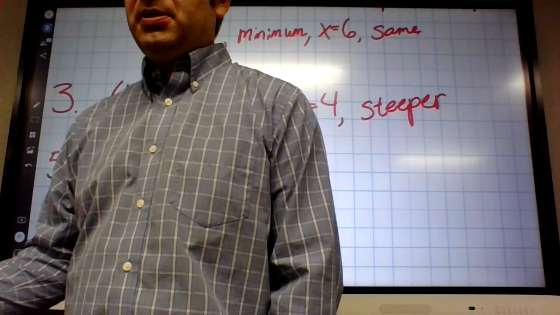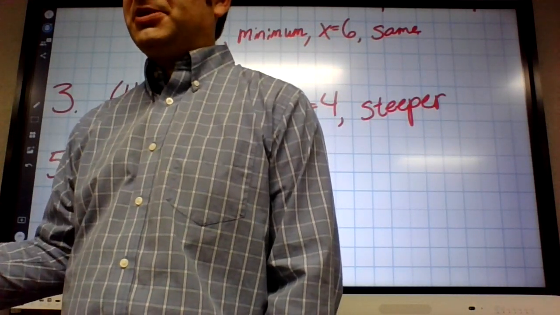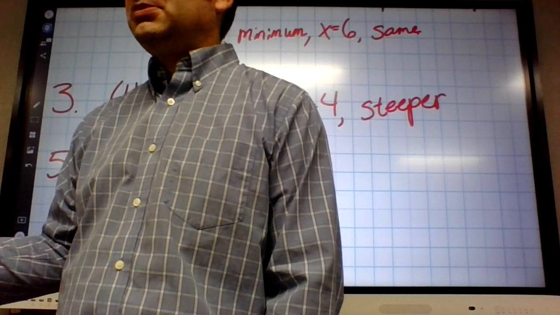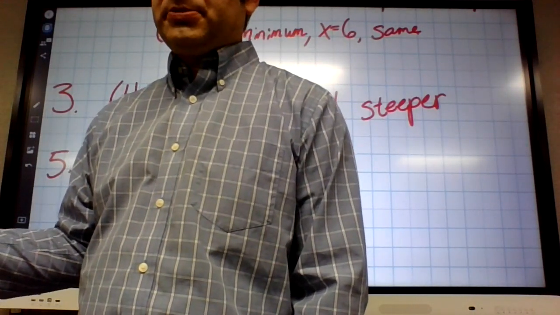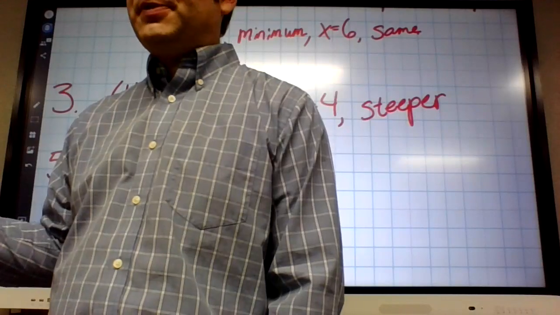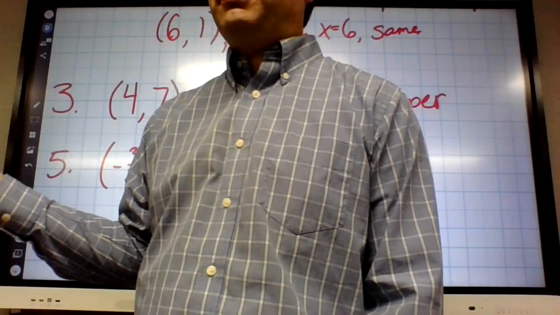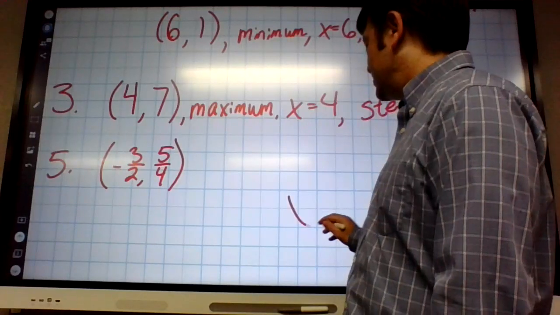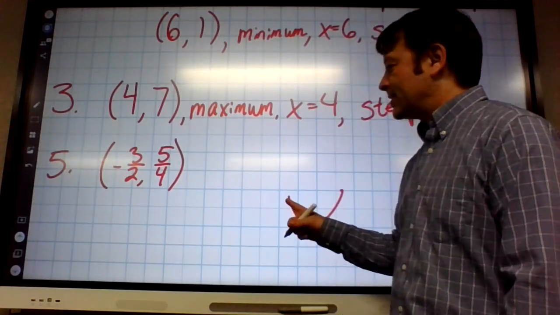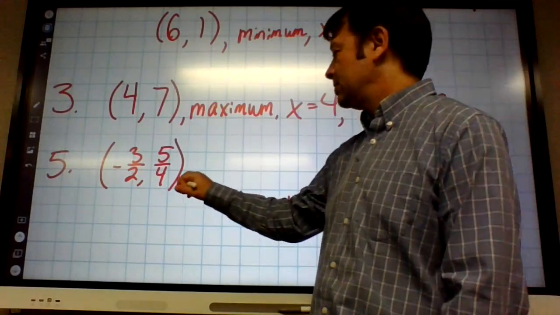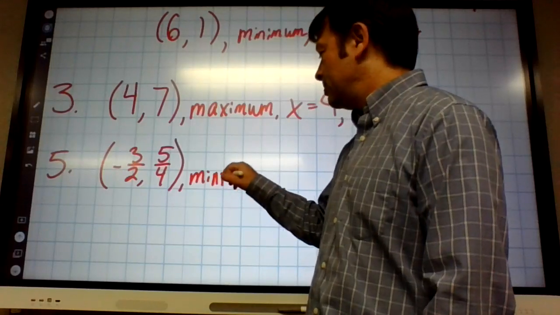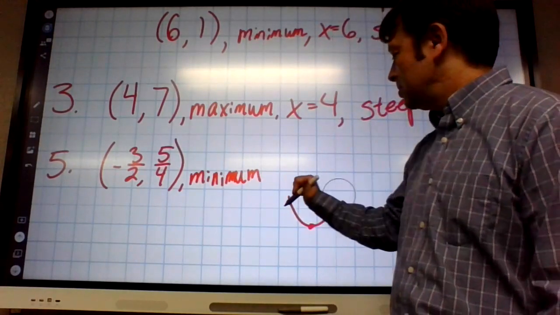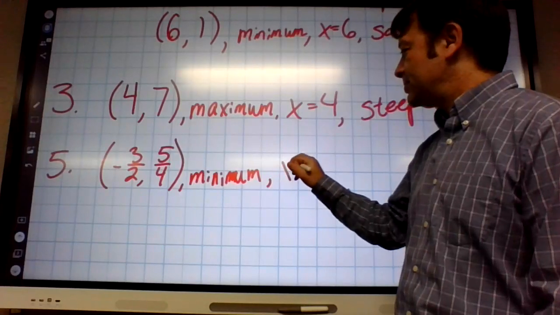Because it's positive, it's gonna open up. 4/5 means it's opening up slowly. If it's opening up, is the vertex a maximum or minimum point? Minimum. Thank you. Okay, what's the axis of symmetry?